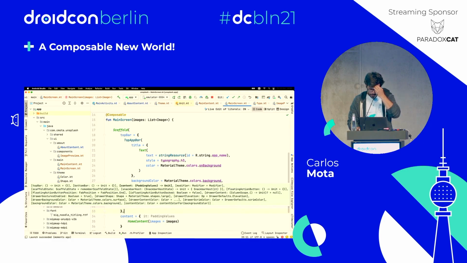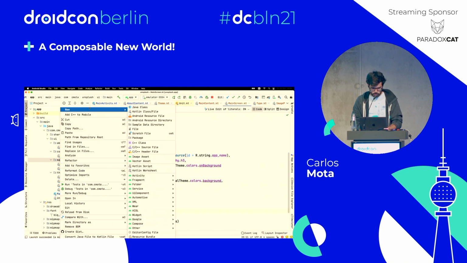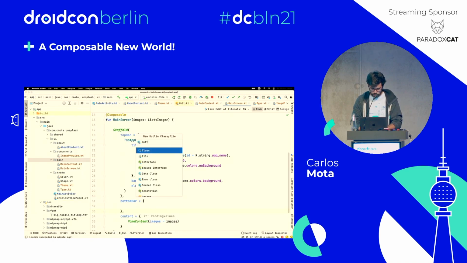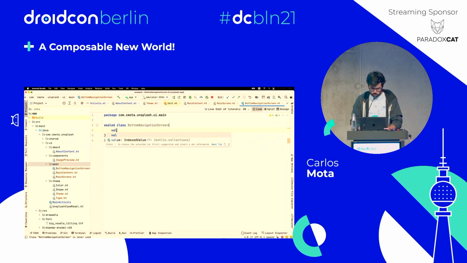When you want to define a bottom bar, it's to switch from one tab to the other. So the first thing that we need to do is to define what should be shown on a tab. I want to show an icon, I want to show a label. So let's create a new class for this. I'm going to call it bottom navigation screens. And this is going to be a sealed class that is going to receive a route.